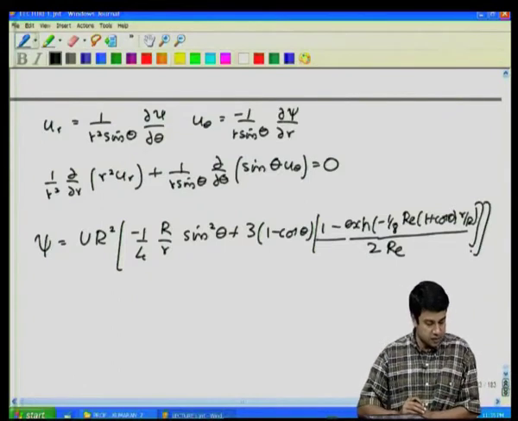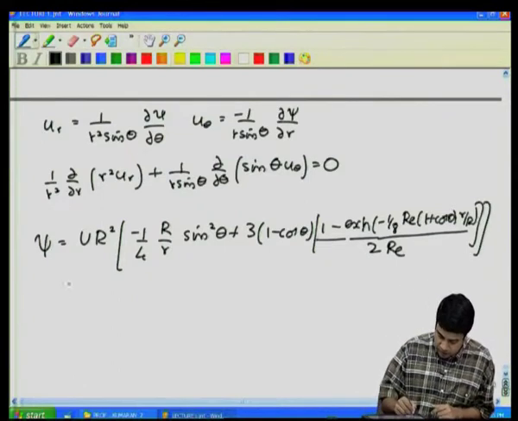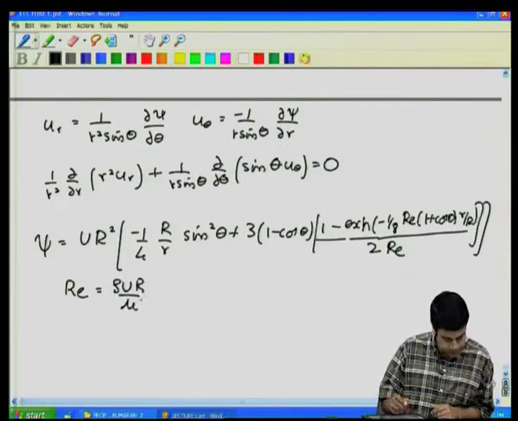So, that is the final solution that you get, where Re is equal to rho U R by mu.